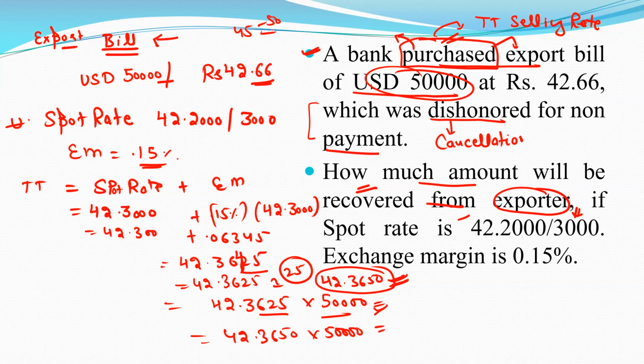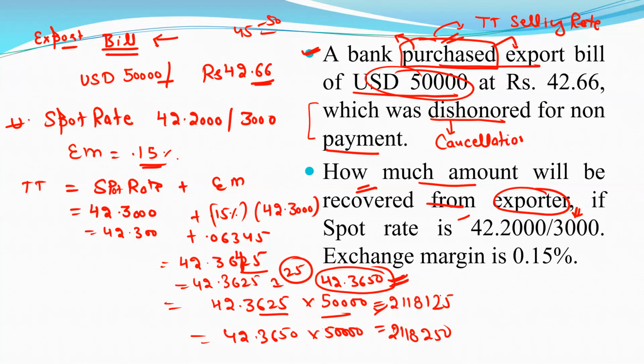When we multiply 42.3650 into 50,000, this comes out to be 2118250. And 42.3625 into 50,000 comes out to be 2118125.